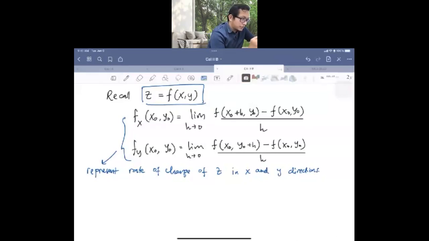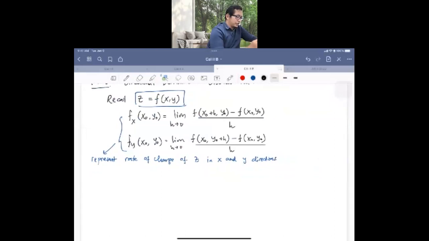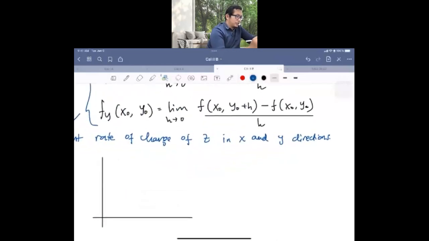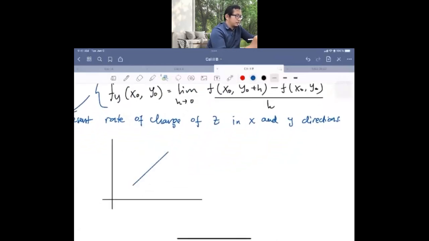Let me check whether I have the drawing on. Suppose we have the directions. Because we are going to deal with directions, we are going to have a certain unit vector.